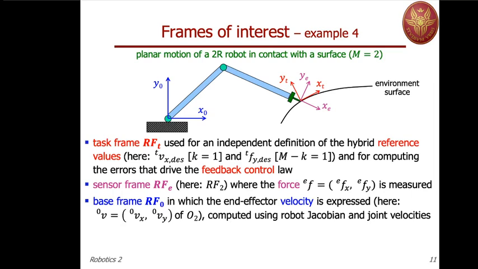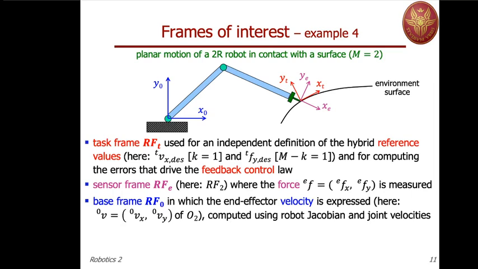Now, the sensor frame here has been moved from the sensor, exactly for the reason that I just mentioned. It is measuring the two linear forces Fx and Fy, in fact, rotated with respect to what we expect.